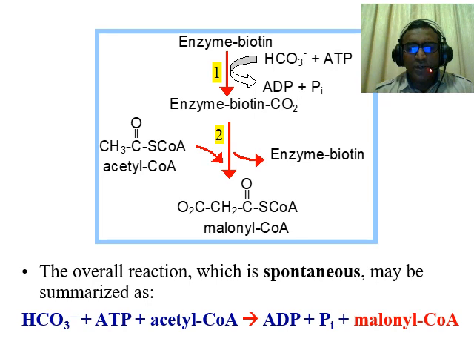Given here is the full reaction itself, that is bicarbonate ion with activation by ATP reacting with acetyl coenzyme A, and in the end producing malonyl CoA. And this happens in two reactions within two active sites of the ACC enzyme itself.